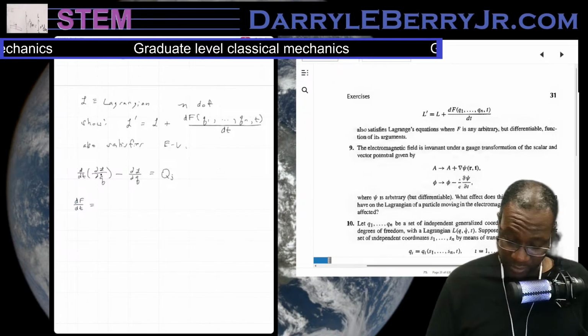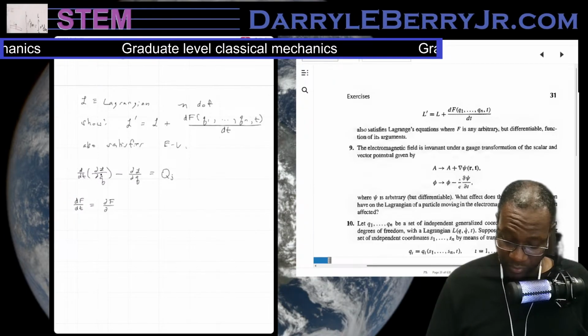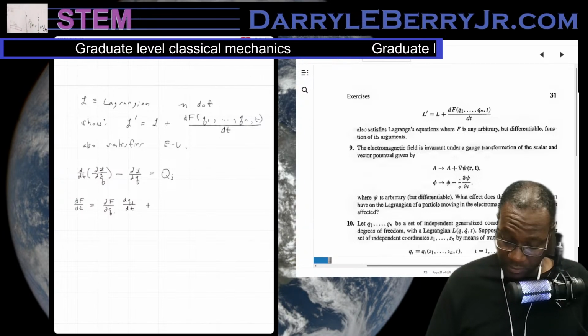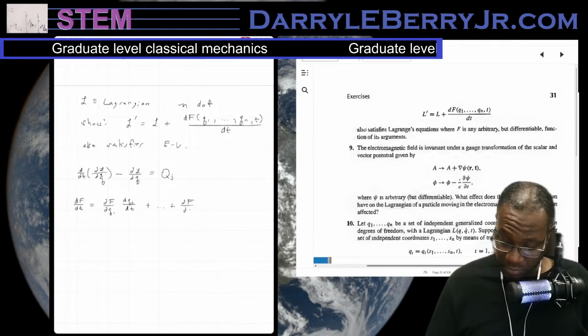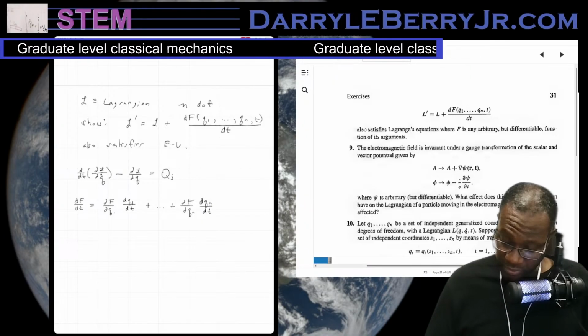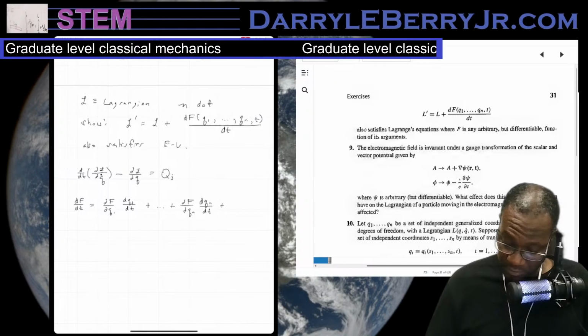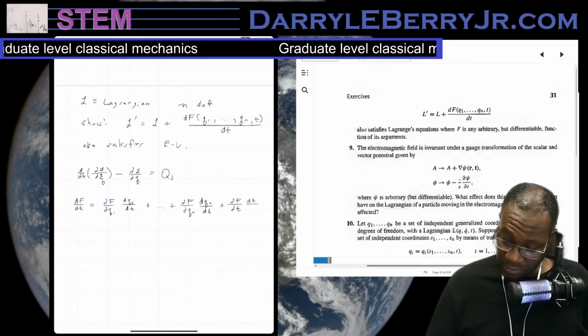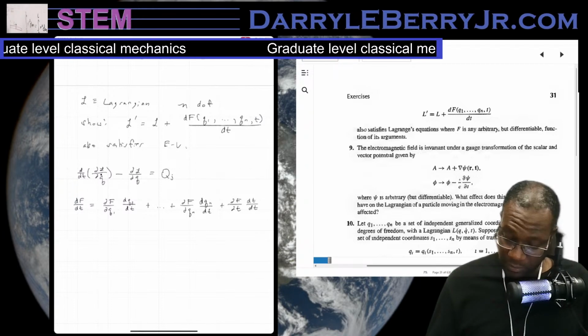and why don't we do it this way? It'll be partial F over partial q1 times the full derivative dq1 over dt, plus all the way down to partial F over partial qn times dqn over dt, plus partial F over partial t times dt over dt, which will equal 1.